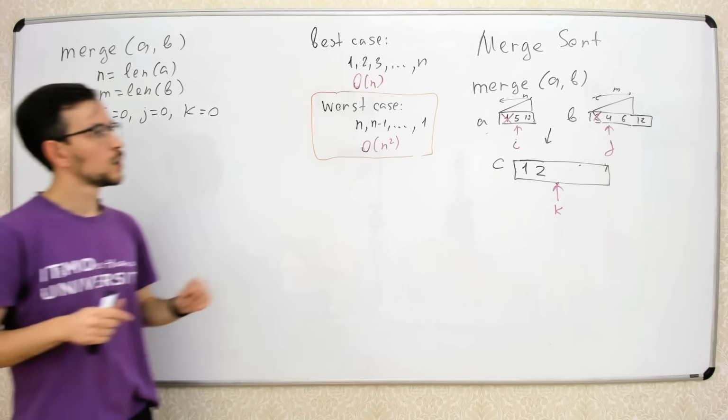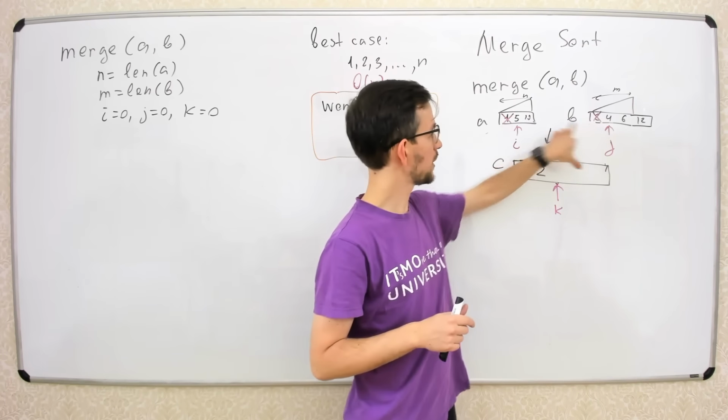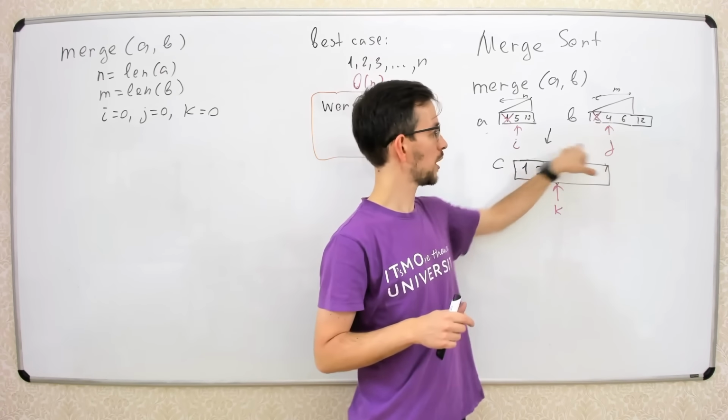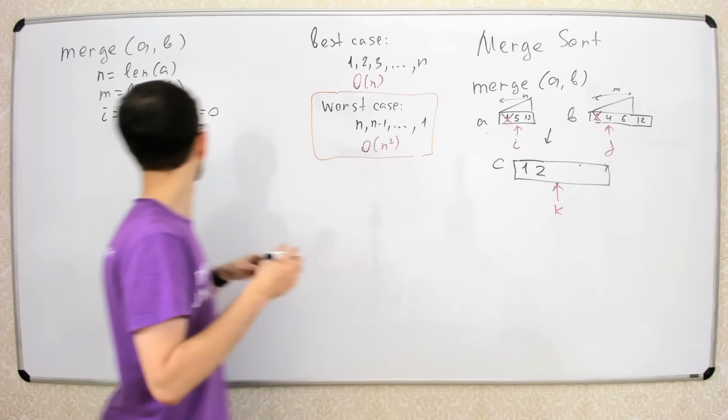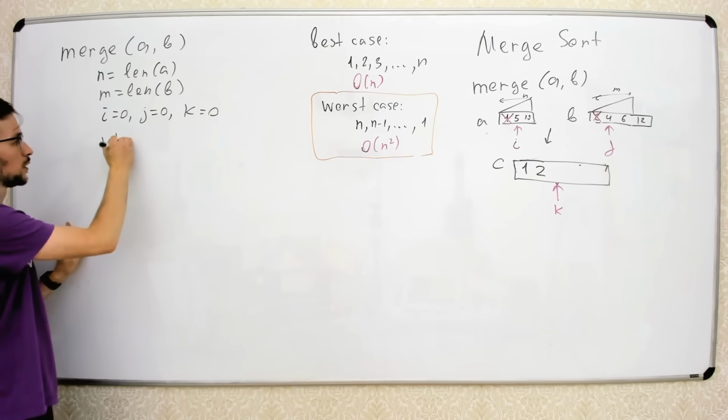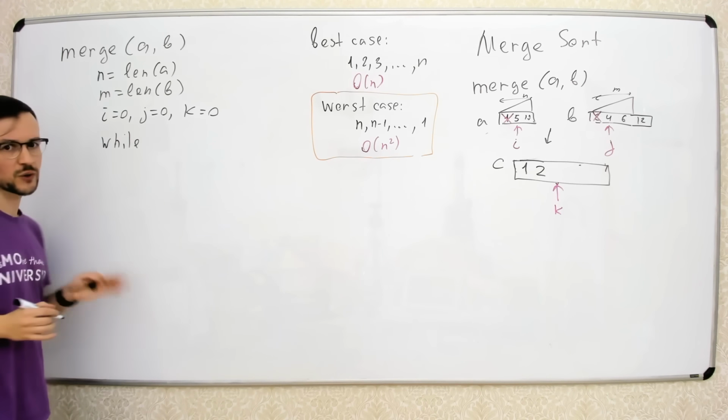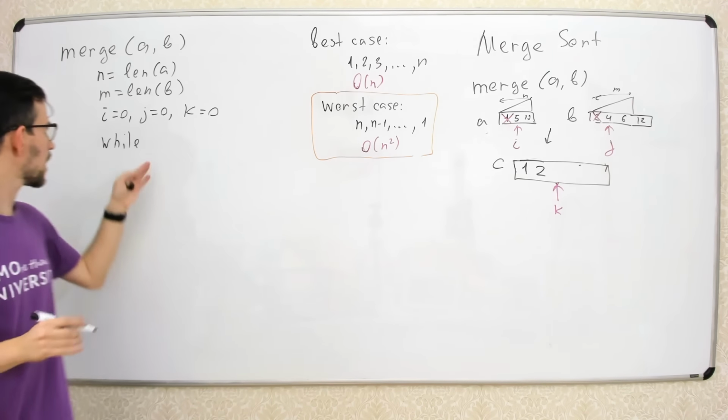Now, we need to merge these two arrays. Each time we take the minimum of these two elements and put it into array C. There are different ways to implement this. I will implement it like this.